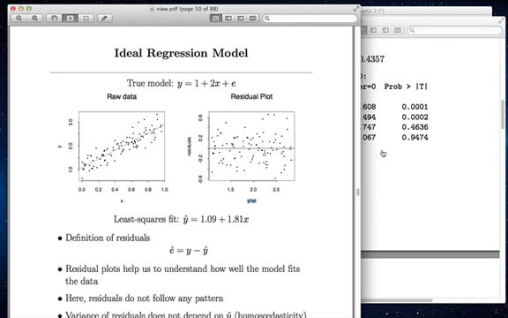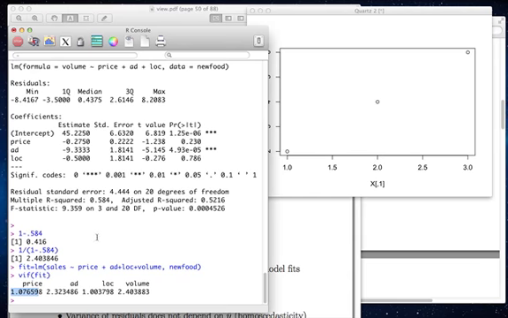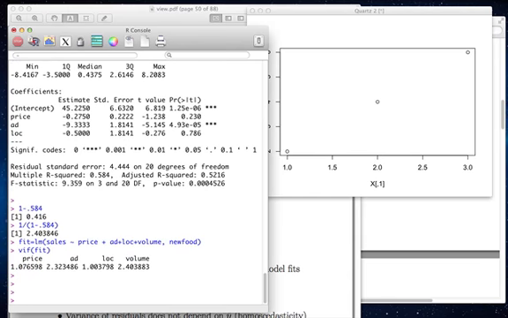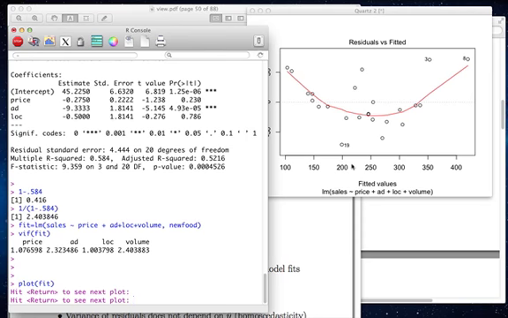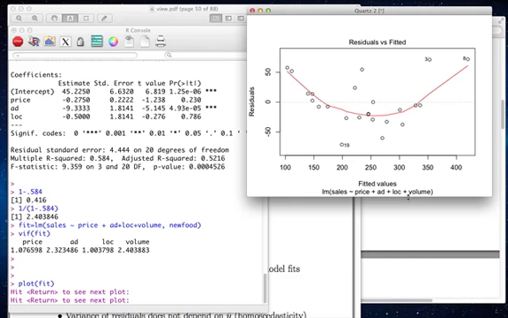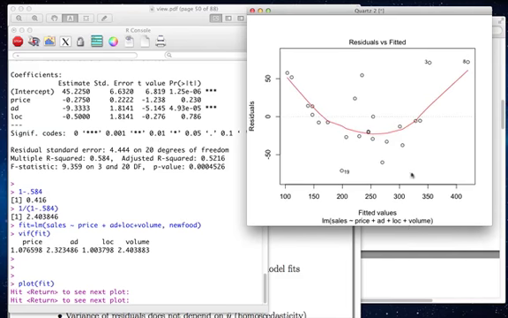If we were to go back to R for a second, you can get residuals by saying plot fit. I have just estimated the new food problem, and you'll see that there's a bit of lack of fit on the new food data. There's a bit of a pattern here.